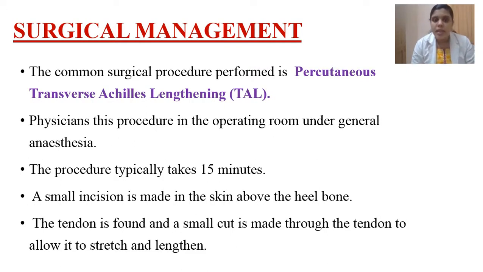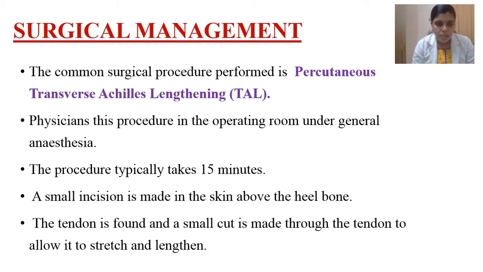Coming to the surgical management. A surgical procedure is performed if the medical management fails or the devices couldn't make the correction. The surgery usually performed is percutaneous transverse Achilles tendon lengthening. It is done in an operating room under general anesthesia and takes around 15 minutes.